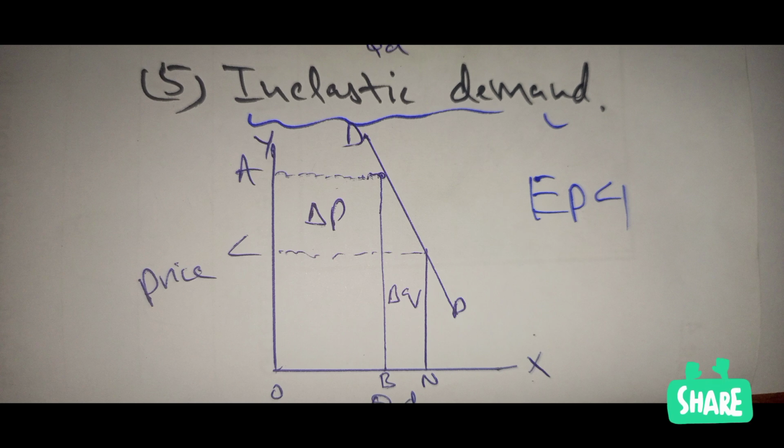The quantity demanded of the good increases from OB to ON units. The increase in the quantity demanded is here less than proportionate to the fall in price.